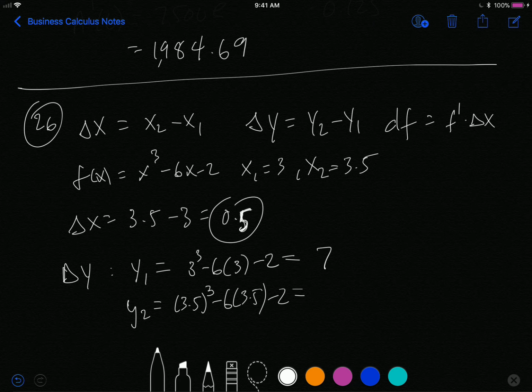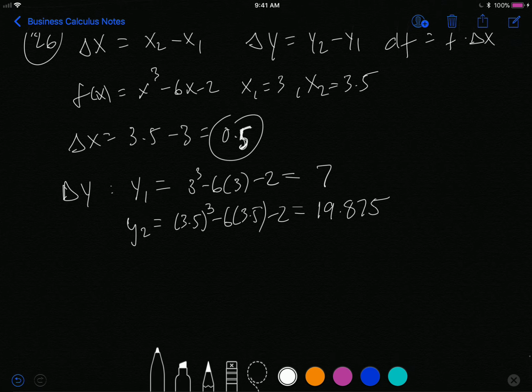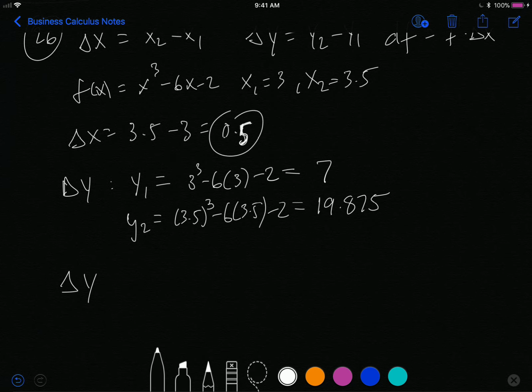According to my handy dandy calculator, you get an answer of 19.875. So the delta y is going to be 19.875 minus 7, and of course that's 12.875. And that right here is your delta y.